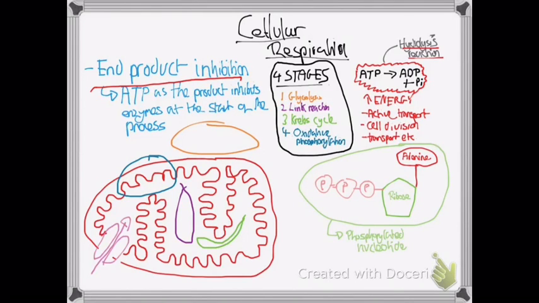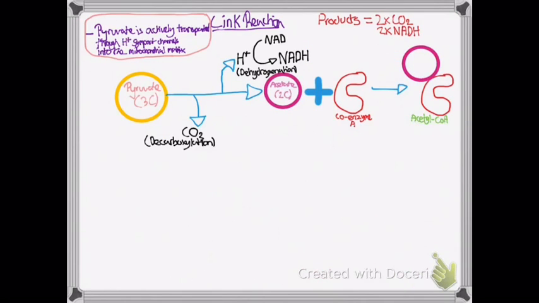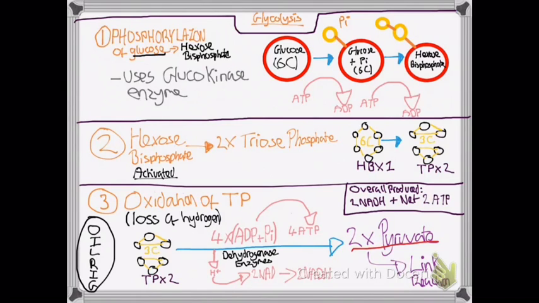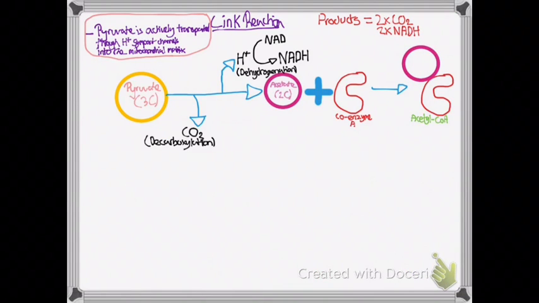Right, let's go back to the link reaction. So once we've got the pyruvate actively transported into the mitochondrial matrix, here it is. We're in the matrix now, and we've got a 3-carbon compound, pyruvate, produced previously by glycolysis.